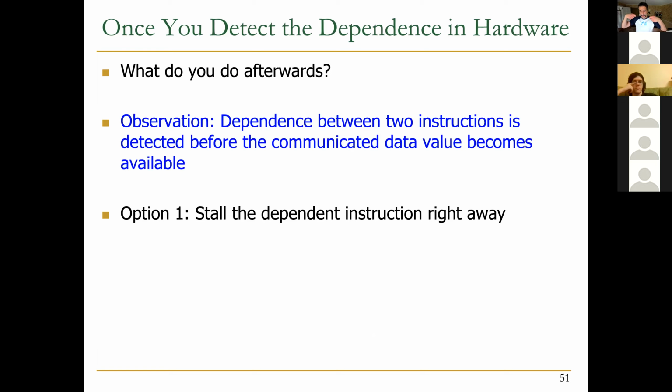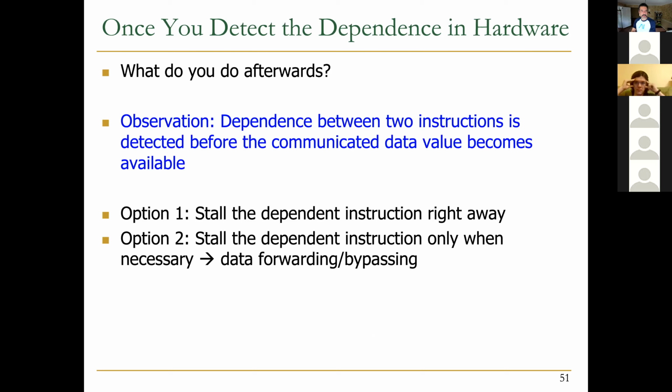So in this case, we have two roles. One instruction is dependent. The other instruction is not dependent on this, but actually created this dependency because it is supposed to generate a value. Make sure that you understand these differences in terms of role.